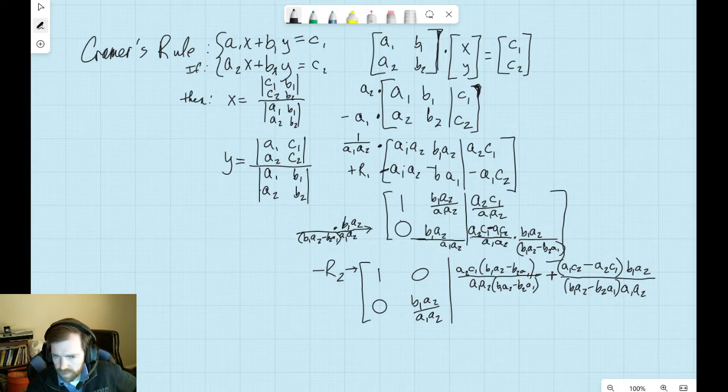All right. Denominators, or the second row, stays the same, at least for this step. All right, a2c1 minus a1c2 times b1a2 divided by all the things.